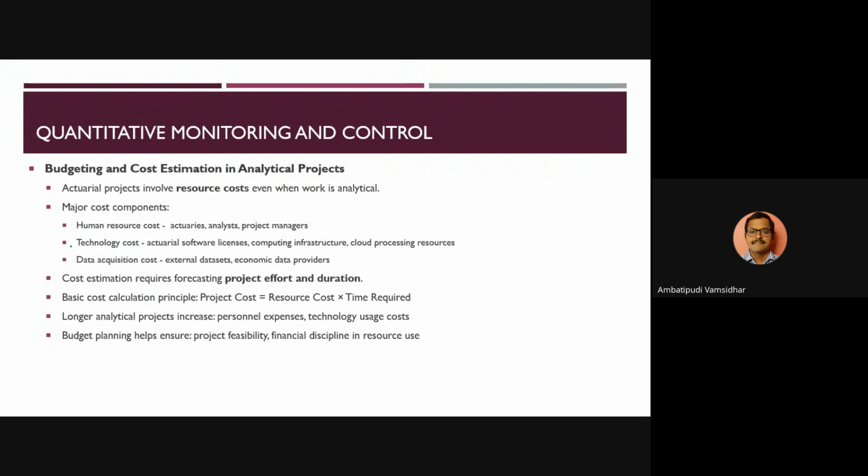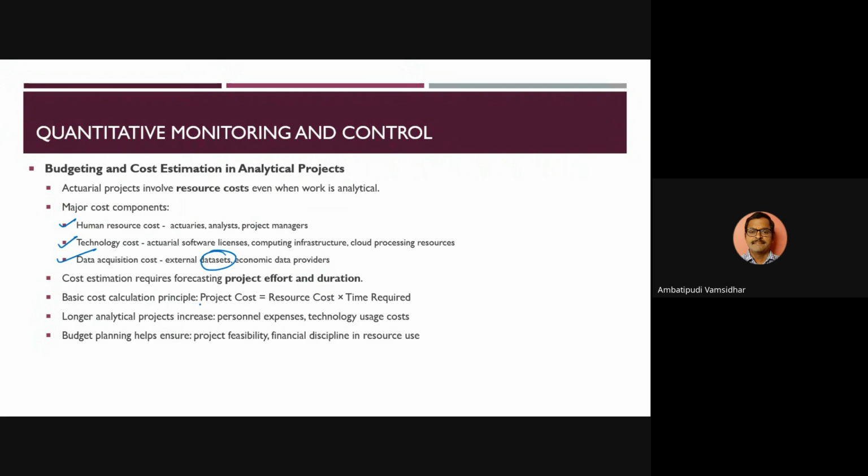So it could be human resource costs in terms of the actuaries, the analysts, the project managers, etc. The technology costs can come in terms of licenses, infrastructure, cloud processing related resources, etc. Getting some additional data sets, data acquisition related issues typically. The cost estimation requires forecasting project effort as well as the duration.